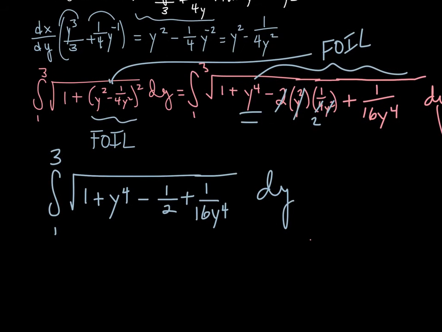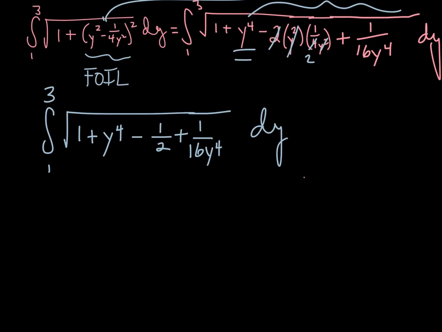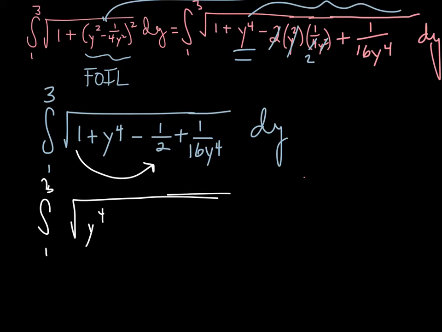Now, believe it or not, this actually can factor. It probably looks a little strange, but let's do one extra step and go ahead and combine those. 1 minus 1/2 is going to be plus 1/2, and then plus 1/16y to the 4th dy.